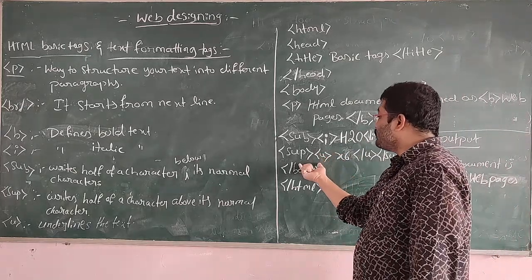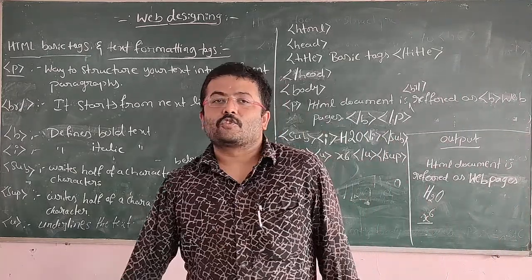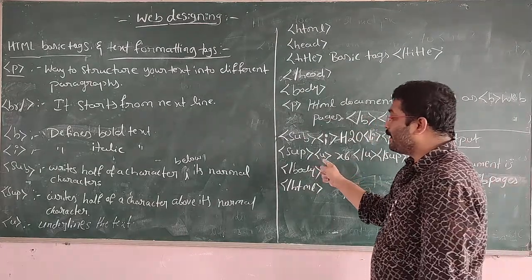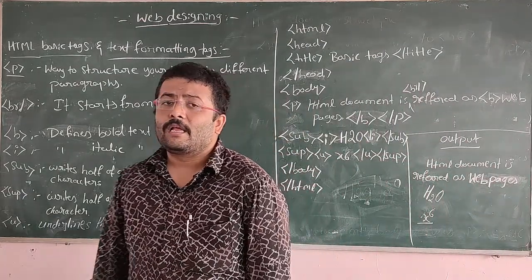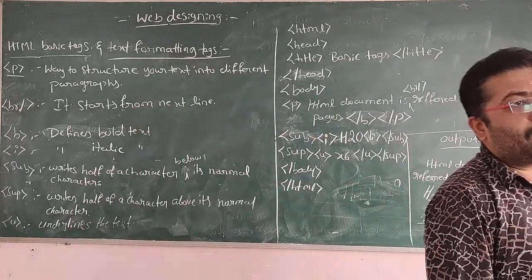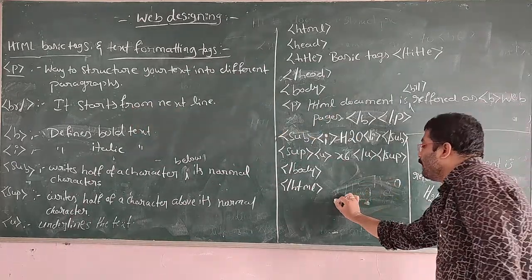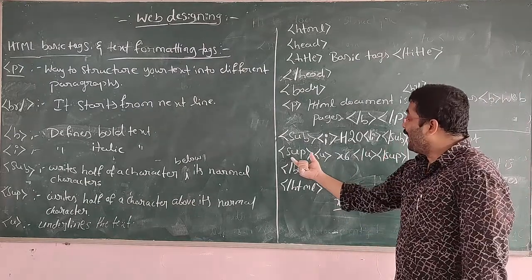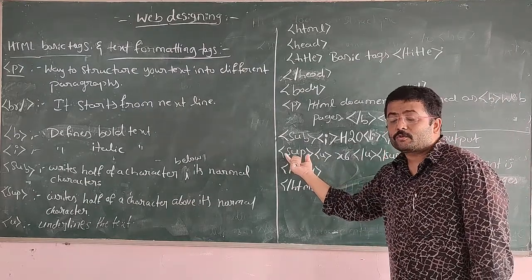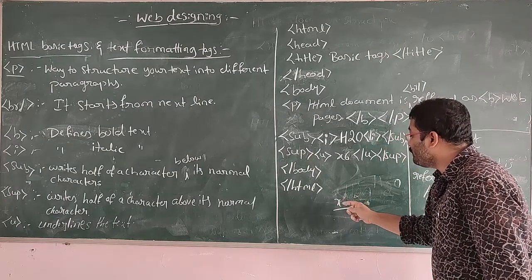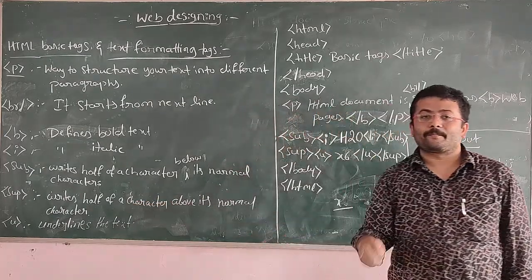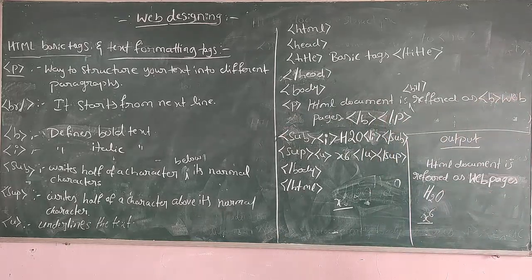So next I am using one more tag, that is superscript. Inside superscript I am taking one more tag, that is the underline tag. So X6 will be in the output, X6 will be underlined, but I am using superscript. So superscript means right half of a character above its normal character.